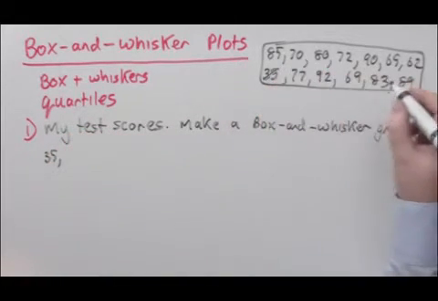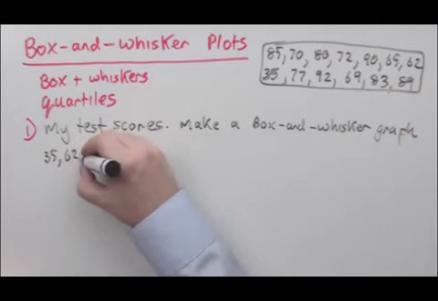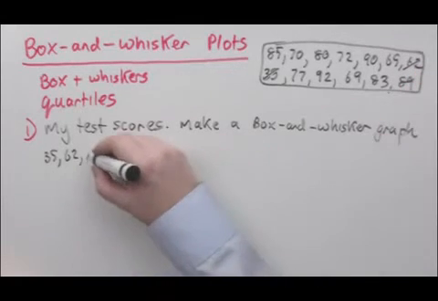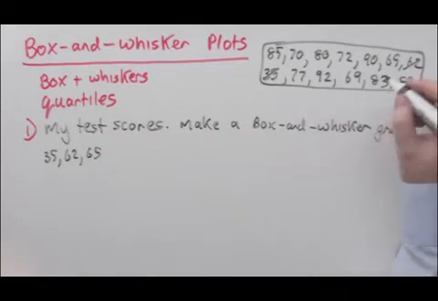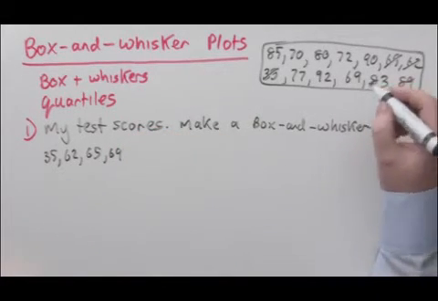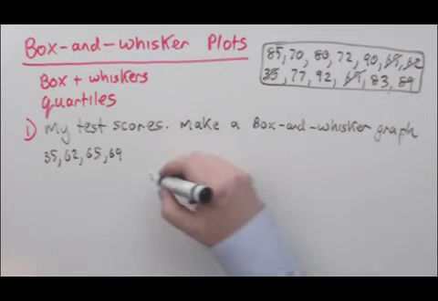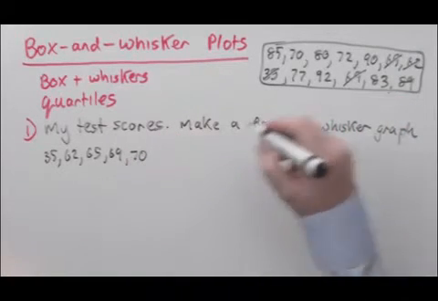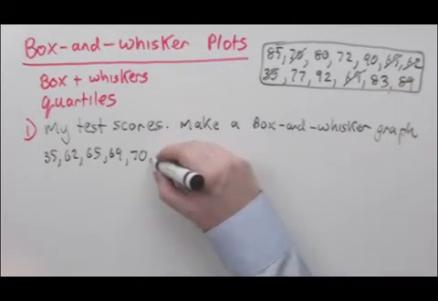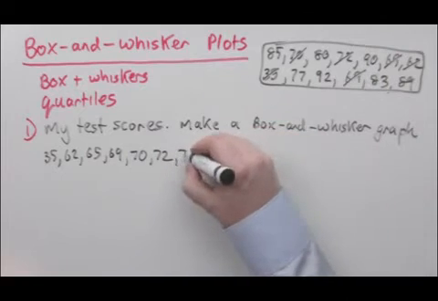Let's see, 35. Next one is 62. Looks like 35 is an outlier. 65. Next one would be 70. Then we have 72, and of course 77.